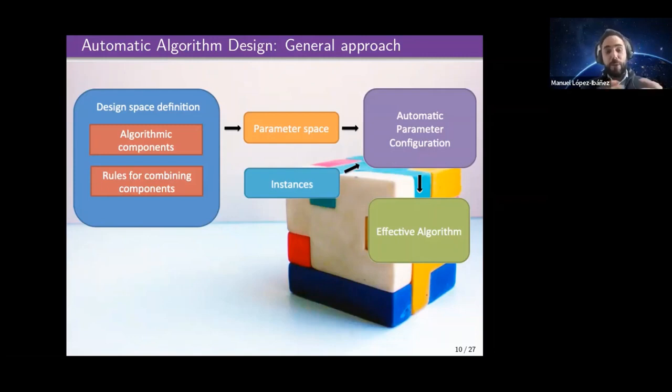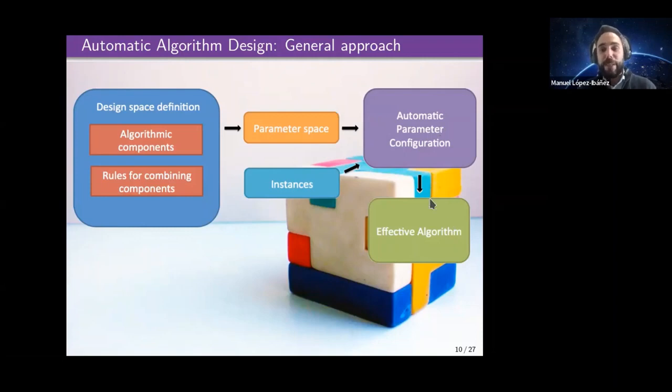We can always convert this design space into a parameter space made of numerical, categorical decision variables, possibly with constraints that we can optimize. When we set settings to the parameters of this parameter space, we are generating designs, but we don't want to search the parameter space ourselves. Normally, it's very large.